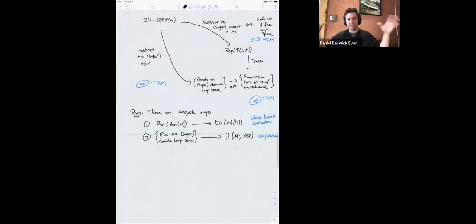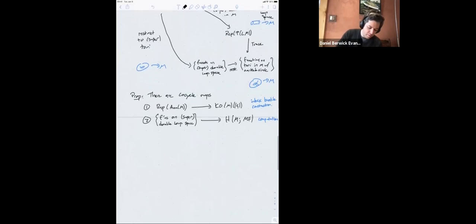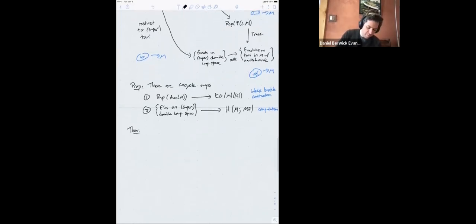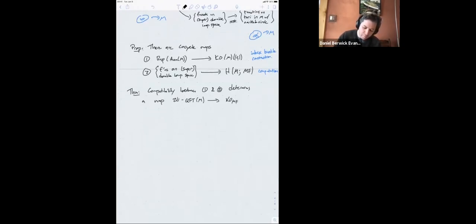And then I think you can begin to see the storm clouds gather. There's going to be a map from the compatibility between these two things to KOMF. So the theorem is that the compatibility between 1 and 2 determines a map from 2 1 QFT of M to KOMF of M. And so this is what will allow us to start to try to pick off torsion variants of field theories.